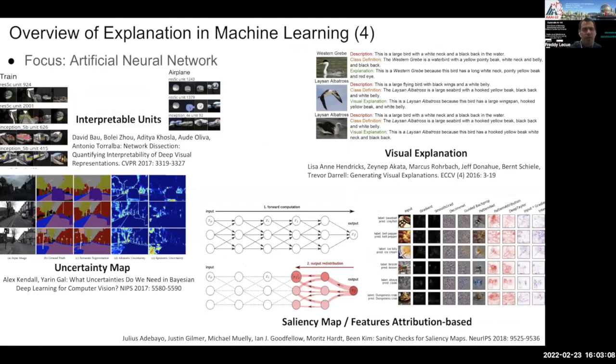Other kinds of techniques are interpretable units. That's some work from MIT where they try to see, based on the architecture that you have, all the neurons and layers, which neurons, which units, are really responsible for what kind of class. So it's a segmentation task, and they have a nice way to evaluate the interpretation. It's based on intersection over union, based on the image that you pass in and the activation that you get for different units.